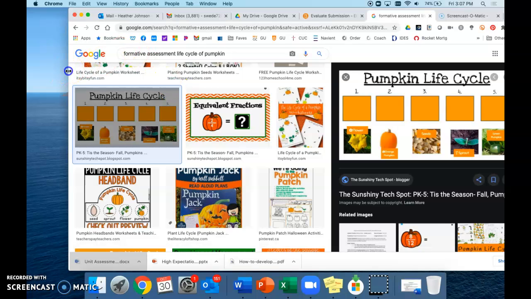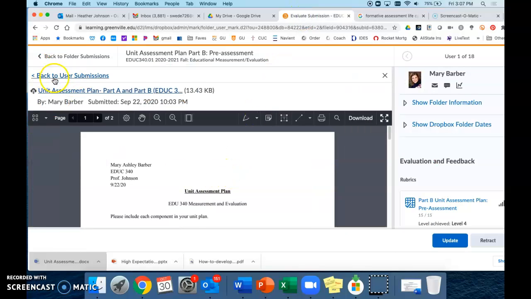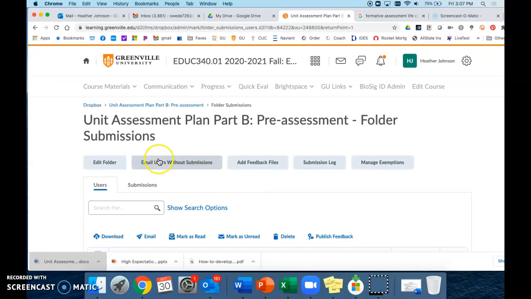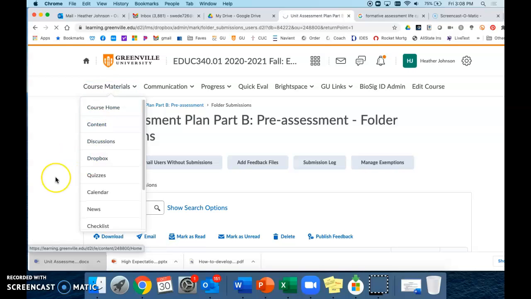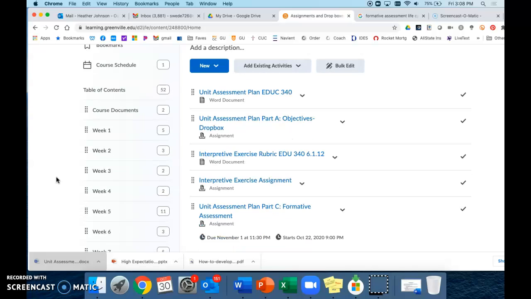I thought we would just pull up a couple of things. Now I did put in, let me get back out of here, in our content, I listed several different kinds of tools. I think the one that naturally comes to mind is cutting out the pieces of the life cycle and putting them in order, like gluing them, coloring them in order, something like that. But you may decide to use that for your summative.